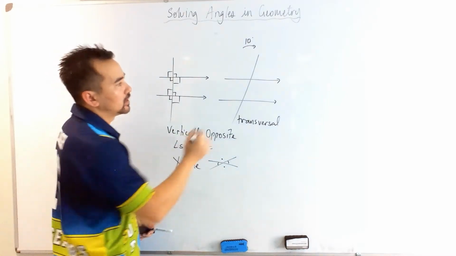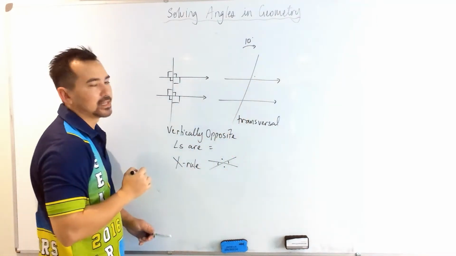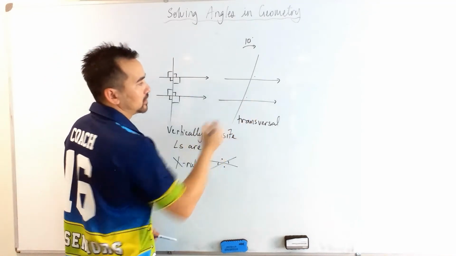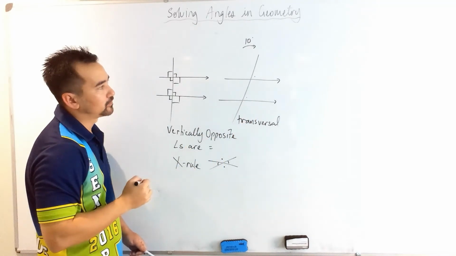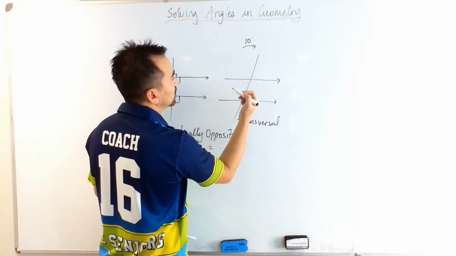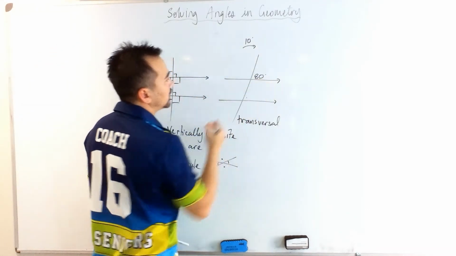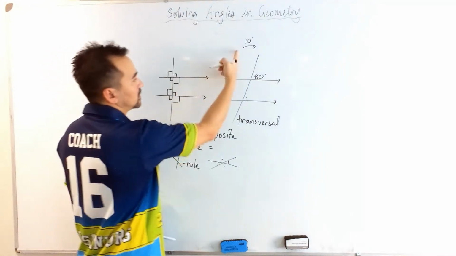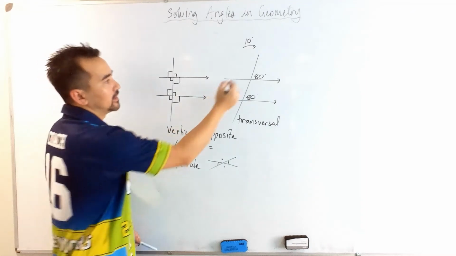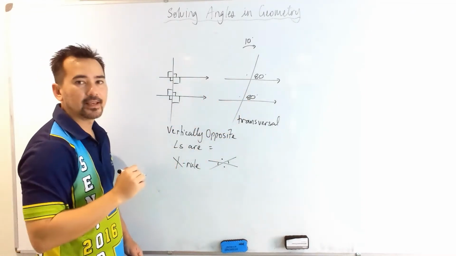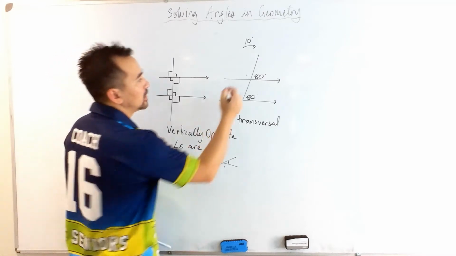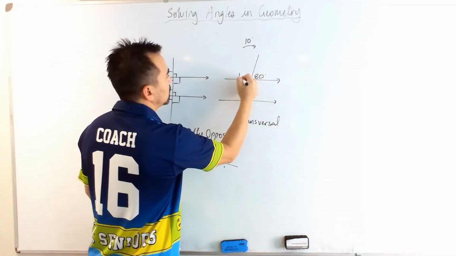Notice that this angle is now no longer a right angle, it's now an acute angle, and so is this one. If this was 90 but has lost 10 degrees, it's now 80 degrees. This is 90, it's lost 10, it's also 80 degrees. And these two angles are no longer right angles, they've gained 10 degrees. They went from 90 to 100.